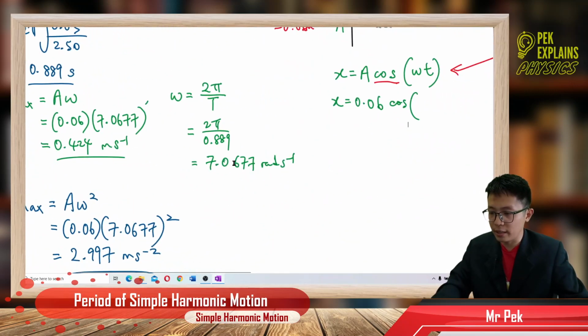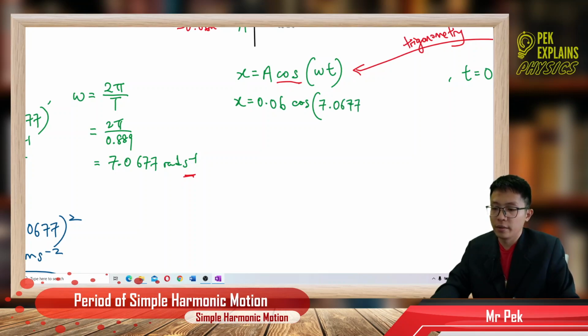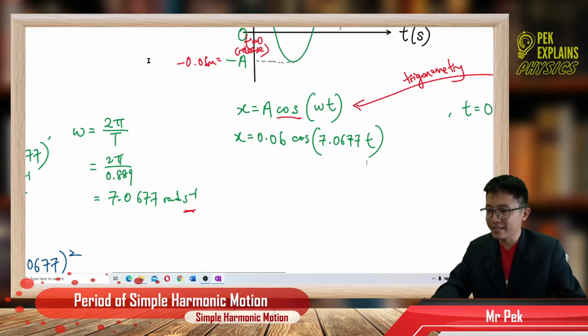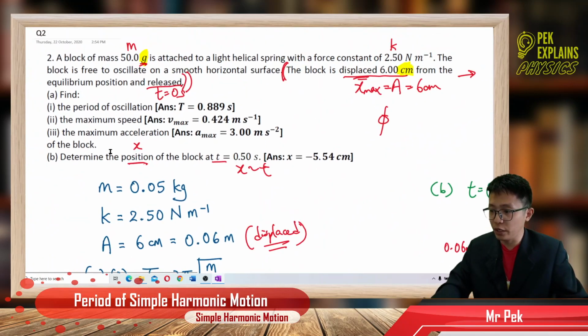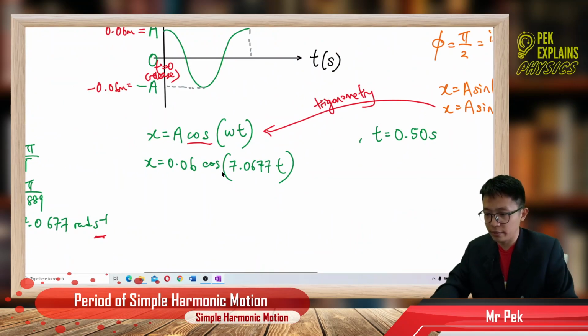Yes, we have the omega. Omega is in SI unit, per second. So 7.0677 t. Okay. So just now, what's the unit? When you give equation, make sure you know the unit.